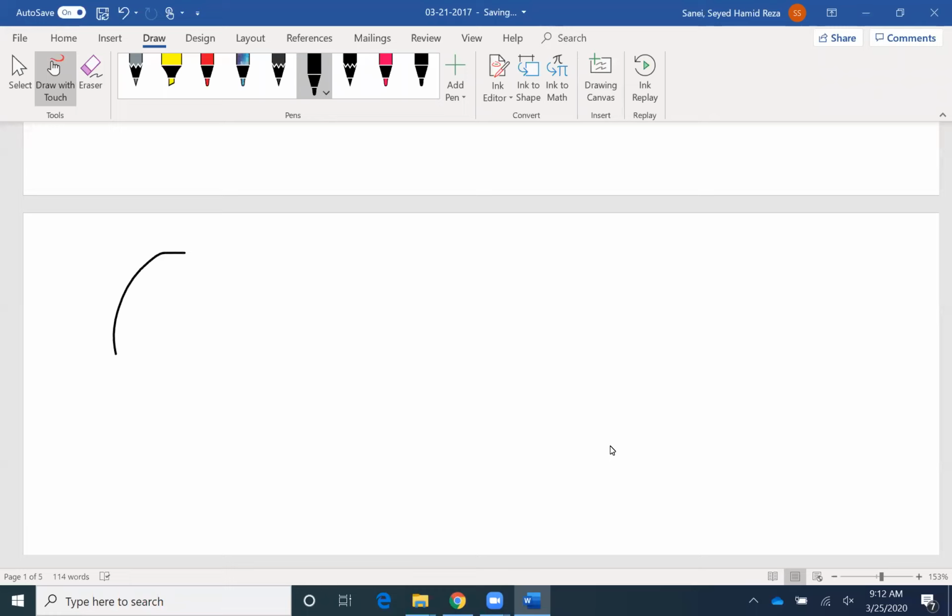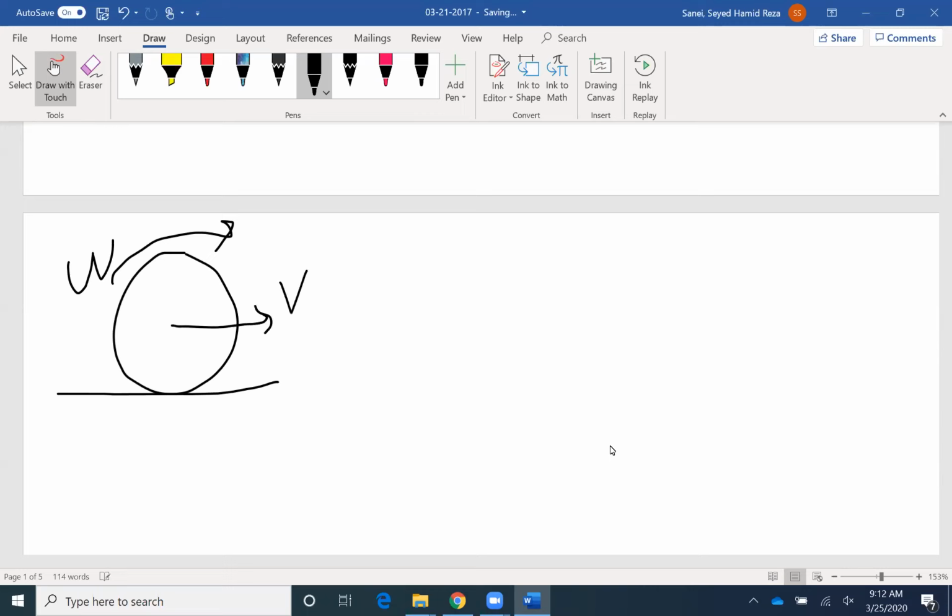For example, when you have a disk that is moving in this direction with an angular velocity of omega, if you want to find the velocity at point O, you can find it about this point.